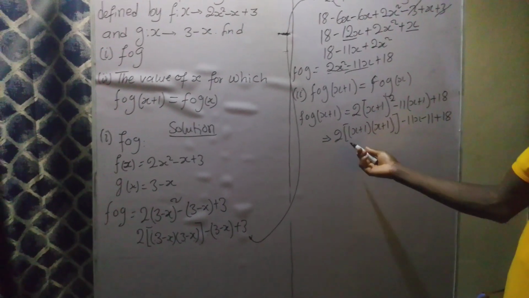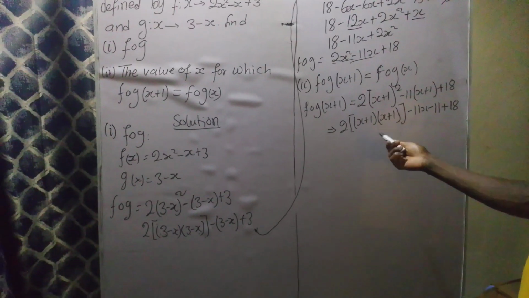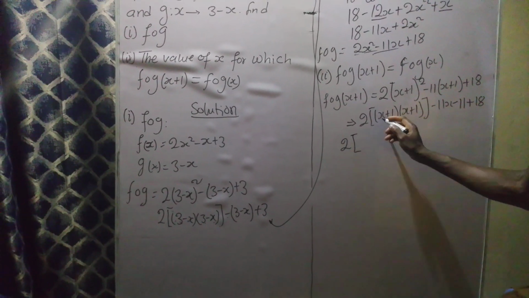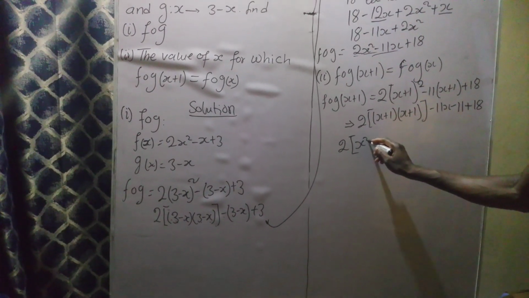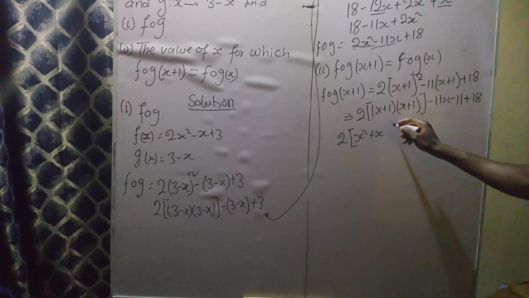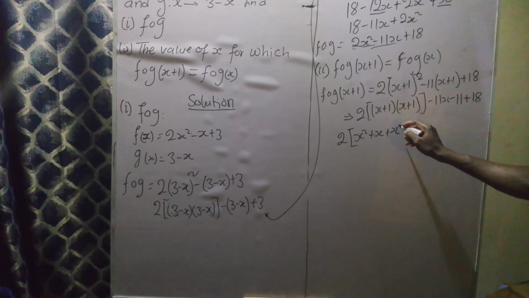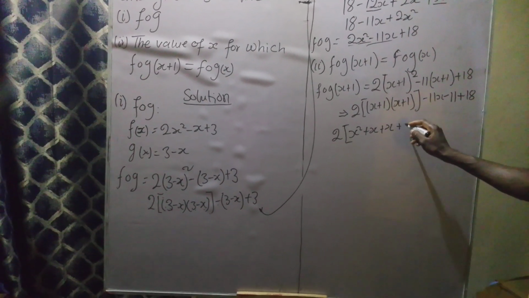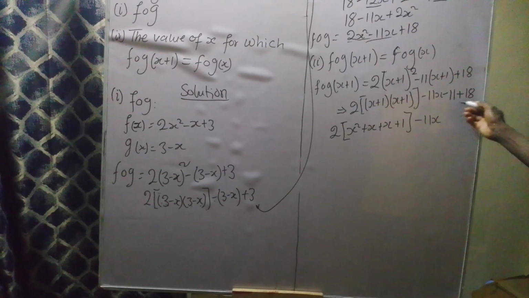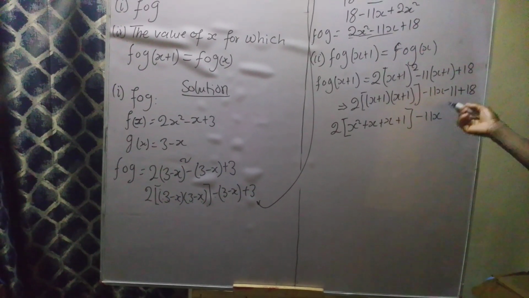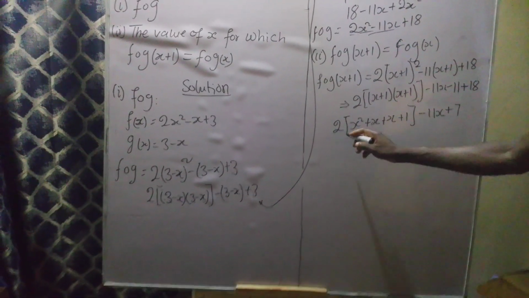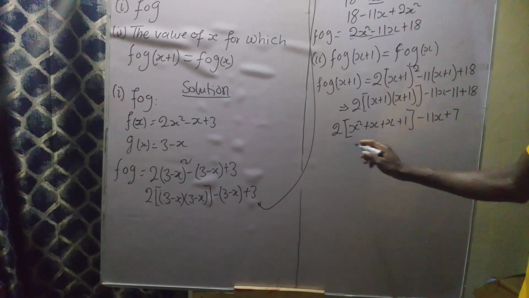Now here too you FOIL. Foiling this, we are going to have 2 in brackets: x times x gives x squared, 1 times x gives plus x, x times 1 gives plus x, 1 times 1 gives plus 1. Close it, minus 11x, and the constants give plus 7.